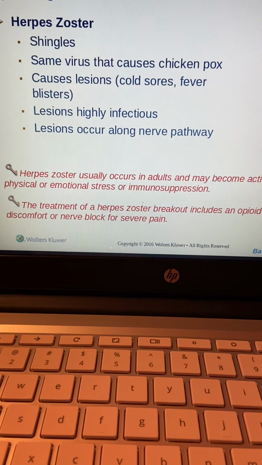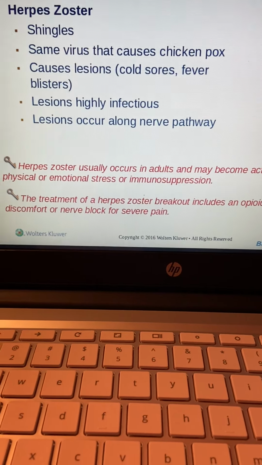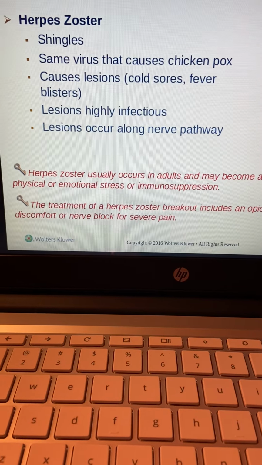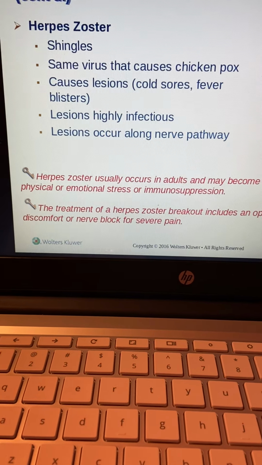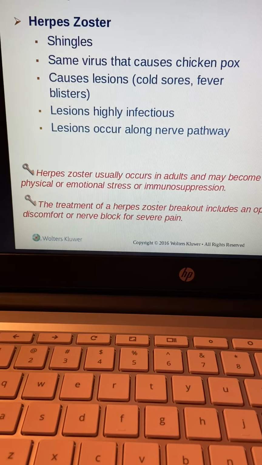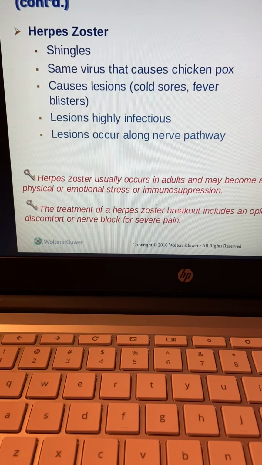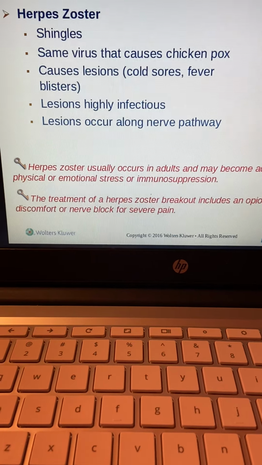These lesions occur along a nerve pathway. These infections could be precipitated by other infections, such as an upper respiratory infection, or by menstruation, fatigue, trauma, stress, or exposure to the sun.